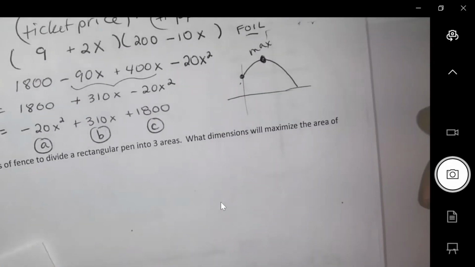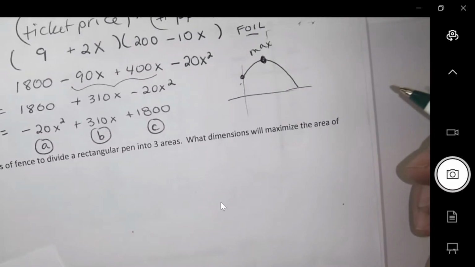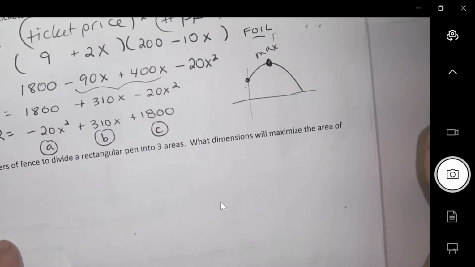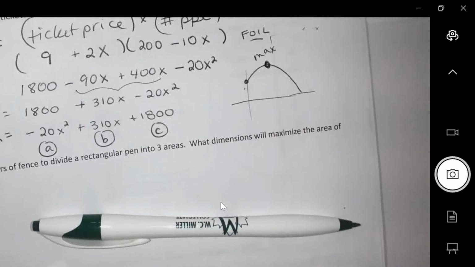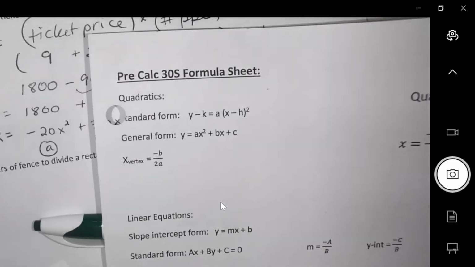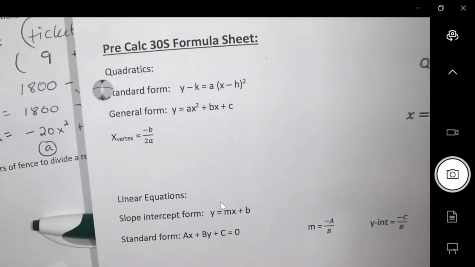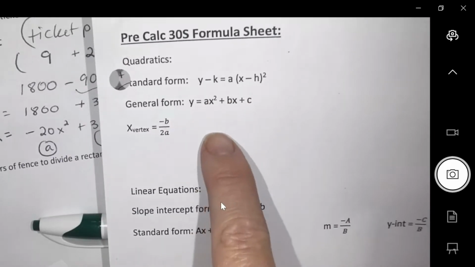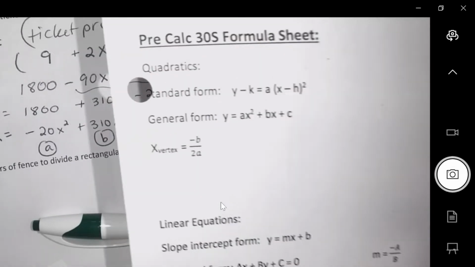If you look on your original formula sheet that I gave you on day 1, that would be kind of what I give you. I don't say HK, I don't say negative b over 2a plug-in.